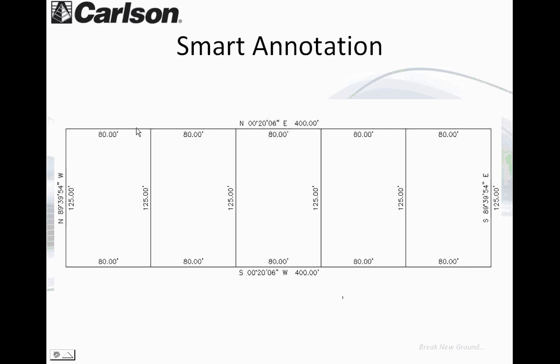And for distances, you can label the total distance. And for line work that's in parallel, you can have it label only on the outside. And we've added a lot more controls for bearing distance and curve label styles.